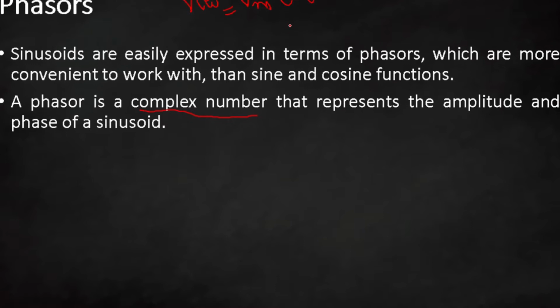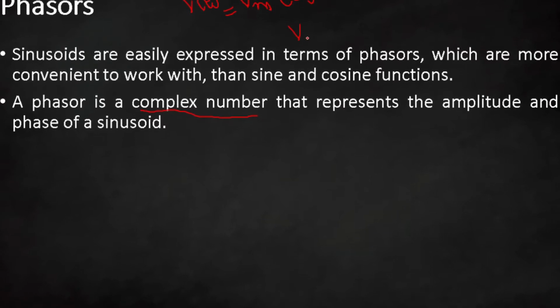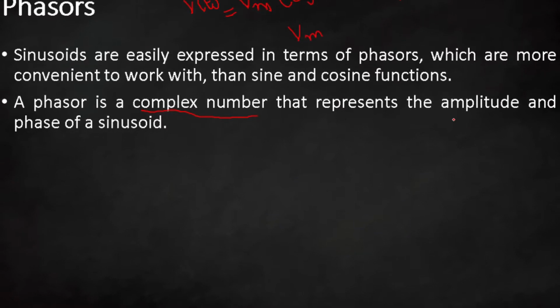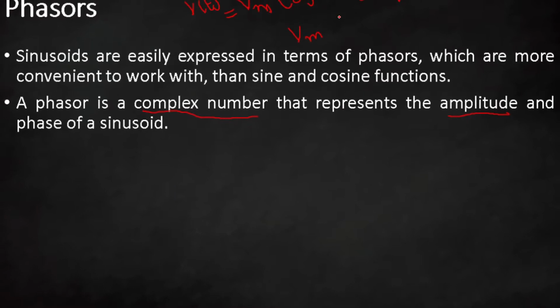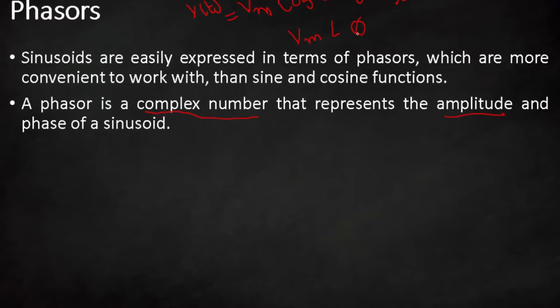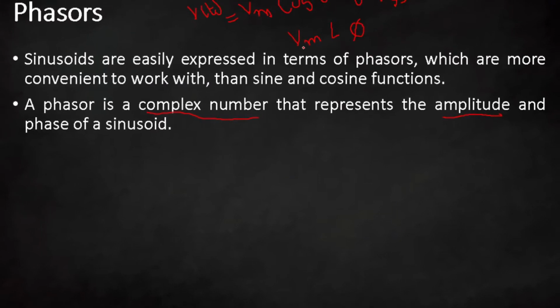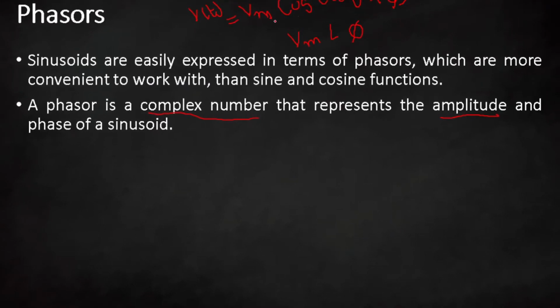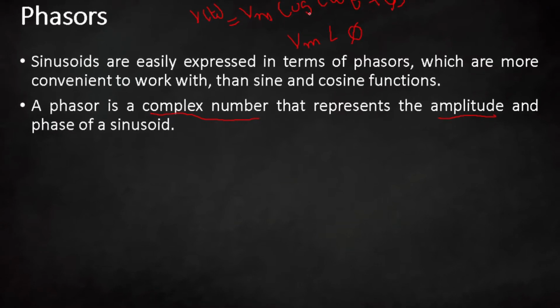Then it can be written as Vm, which is the amplitude of that phasor, and the angle is phi. Okay, this is the phasor form of the given sinusoidal signal.